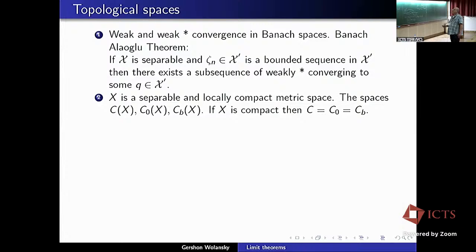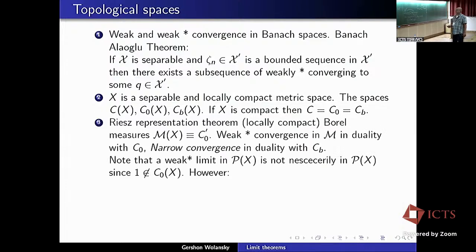Of course, if X is compact, then all these three spaces are the same. By the Riesz representation, any Borel measure can be identified with the dual of C0. Weak-star convergence in M is in duality with C0. Narrow convergence is in duality with C bounded.